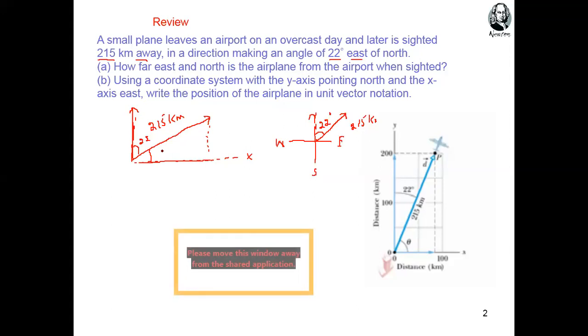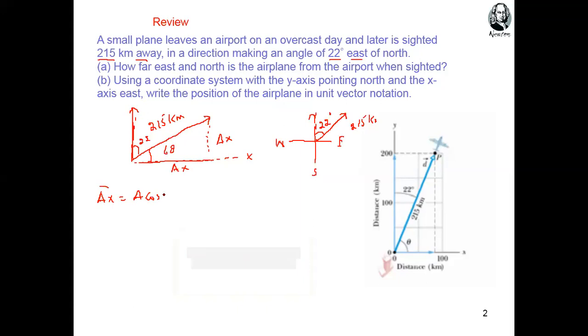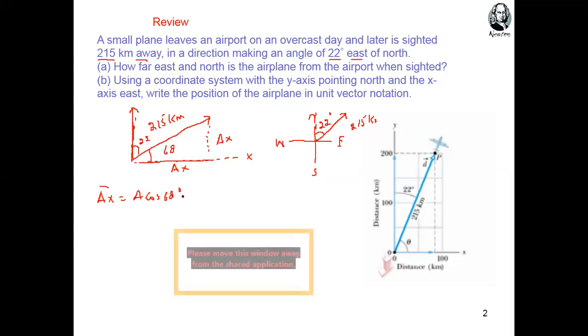90 minus 22 equals 68. This angle is 68. So we need the Ax component and the Ay component. We know from the formula that the Ax component is equal to A times cosine of the angle, where the angle is 68 degrees. What is A?